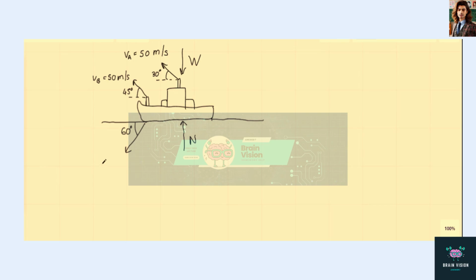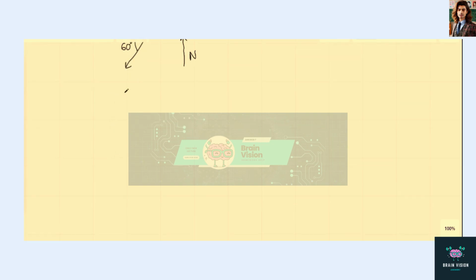So we can first use the steady flow equation and calculate the mass flow rate of the seawater at nozzles A and B. So the mass flow rate at A, dmA/dt, is the same as the flow rate at nozzle B, dmB/dt, and this is equal to the density of seawater, rho SW, times the volume flow rate, Q. The density of seawater is given as 1020 kg per cubic meter, and the volume flow rate is 0.25 for both nozzles.